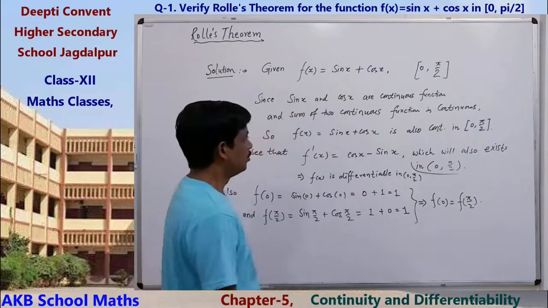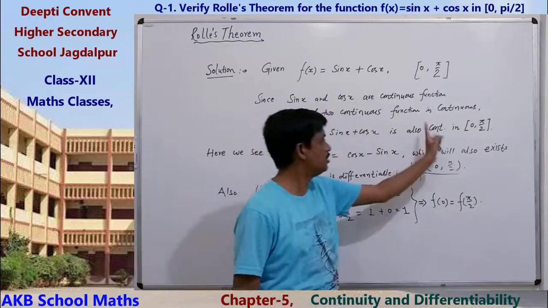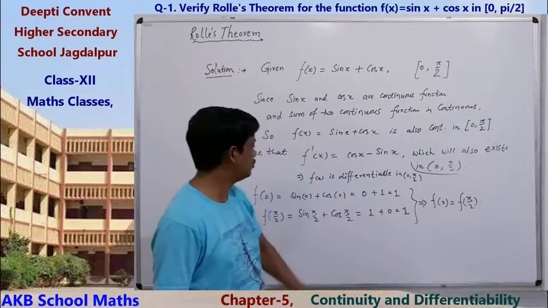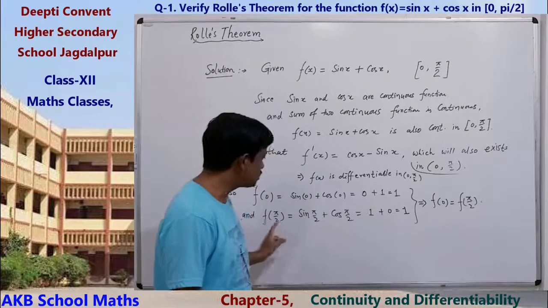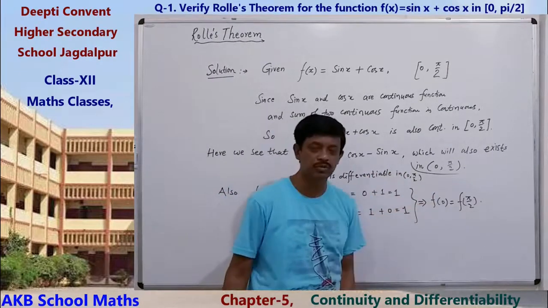So we get f(x) is continuous in the closed interval 0 to pi by 2, f(x) is differentiable in the open interval 0 to pi by 2, and also f(0) equals f(pi by 2).